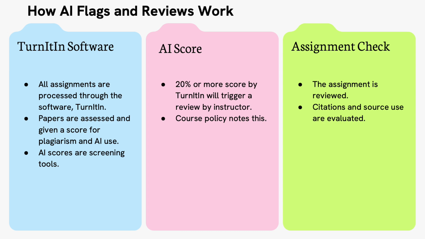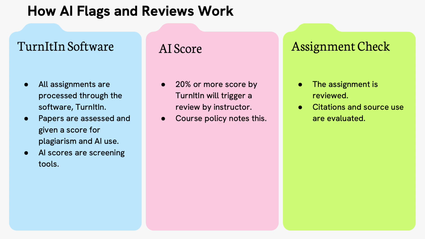The paper is assessed and given a score for both plagiarism and AI use. It's a screening tool to help me see if AI is thought to have been used too much. So it's a percentage of your paper out of 100. If it's over 20%, it will trigger a review by me, and the course policy notes this.